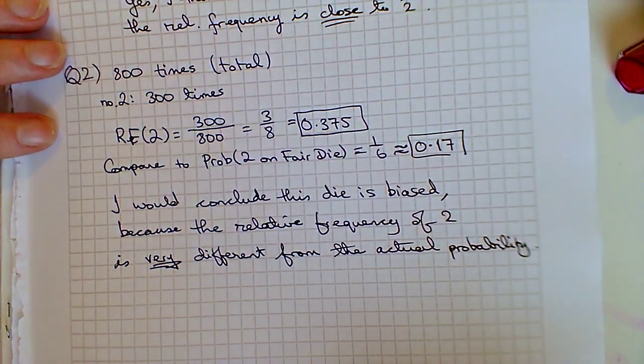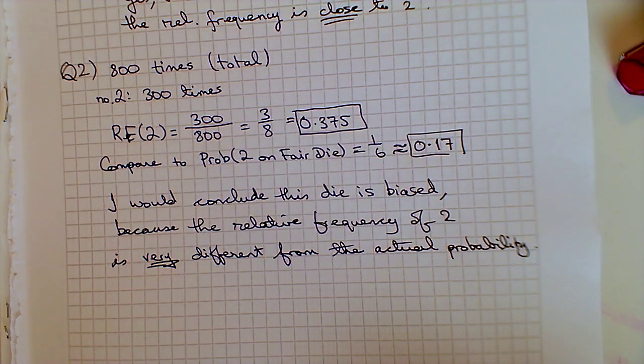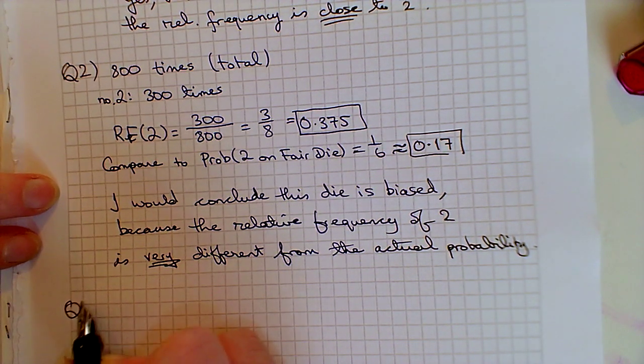So the actual probability is a sixth, and the relative frequency is 0.375, and those are very different values. So 2 is coming up way more often than we would expect if the die was unbiased.